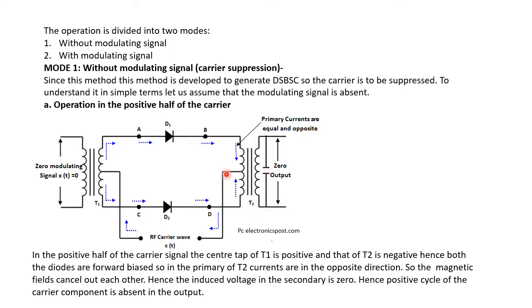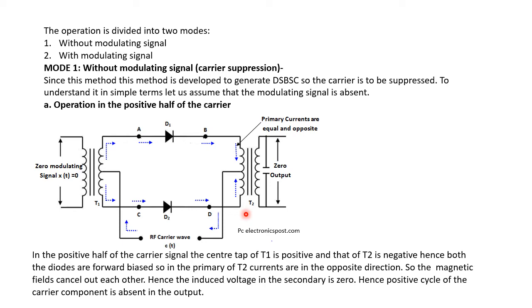If we concentrate upon the currents flowing in the primary of the transformer T2, the current coming from the diode D1 is flowing in the downward direction, and the current coming from the diode D2 is flowing in the upward direction. Hence, the magnetic fields which are generated by the flow of these two currents will be in the opposite direction.